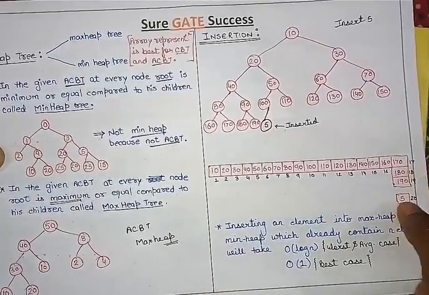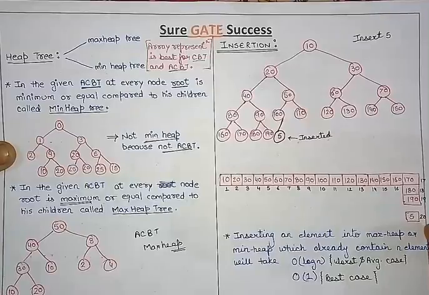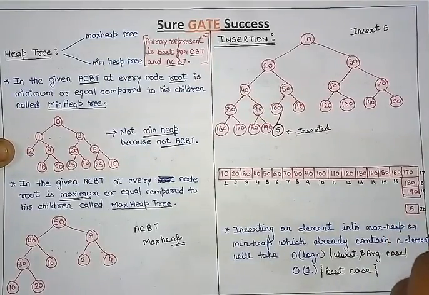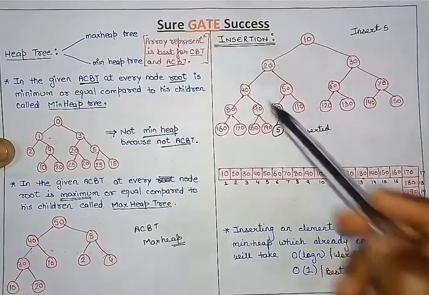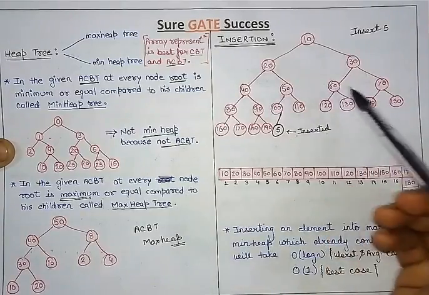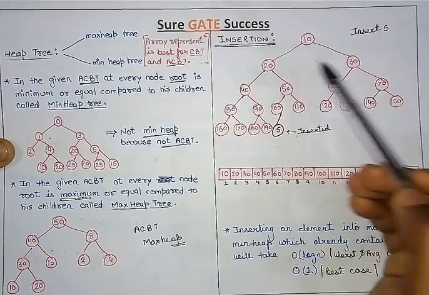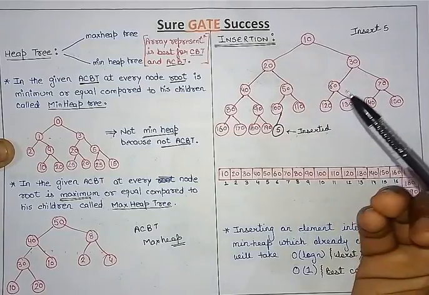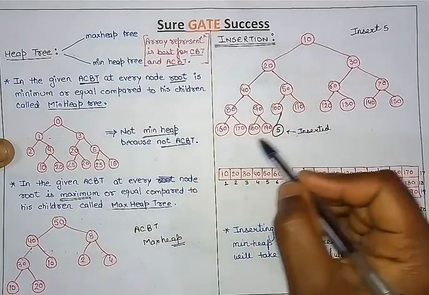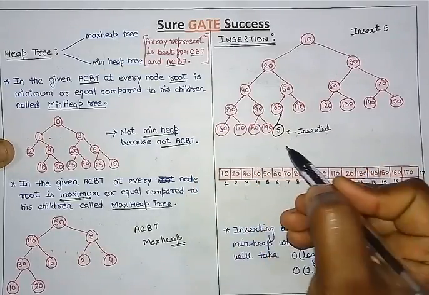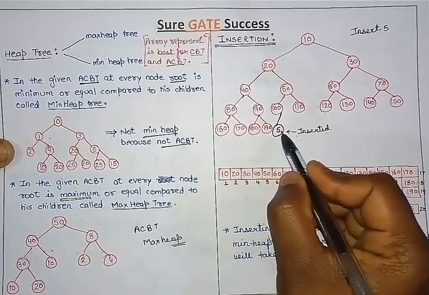So now let's understand insertion, how we have to insert into the heap tree. As we can see in this figure, this is a min heap tree because the root is less than both children. If we have to insert 5, we have to insert 5 into the immediate next location. What will be the immediate next location after 100?